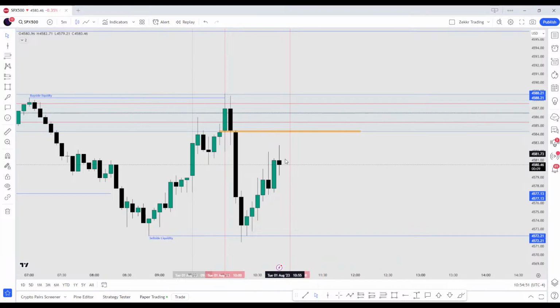I guess we won't get a fair value gap, which is not ideal.